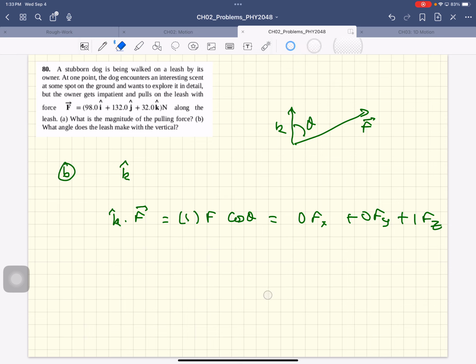So what we have is f cosine theta is equal to fz. So to find the angle theta, you just need the magnitude. So cosine theta is fz over f.